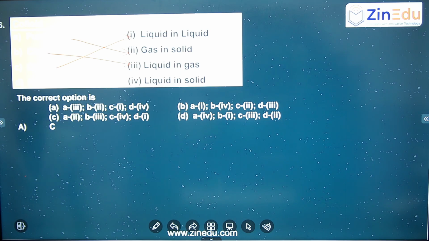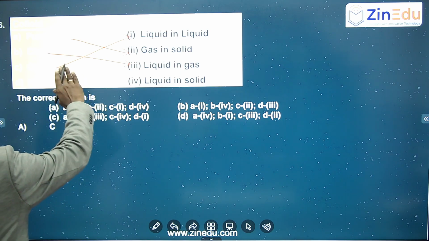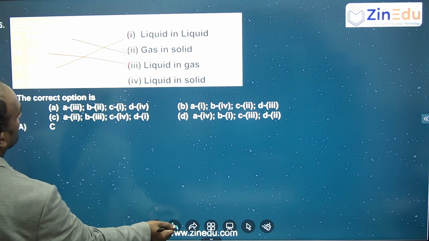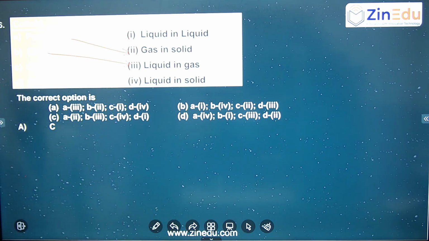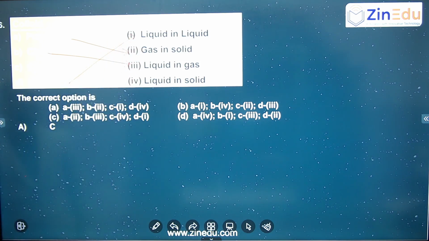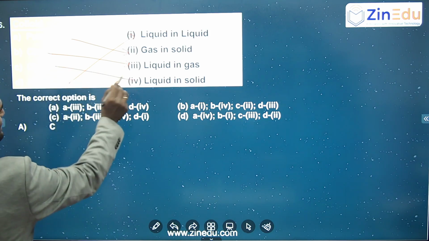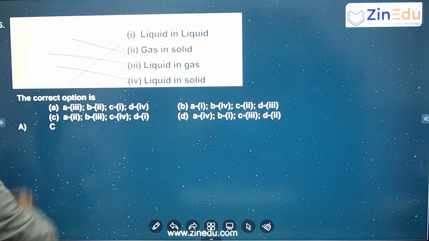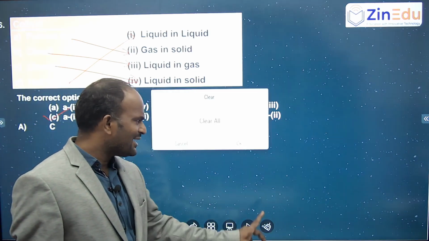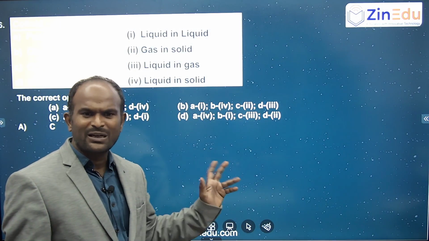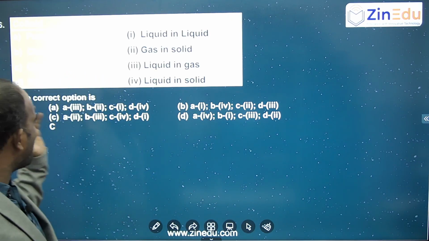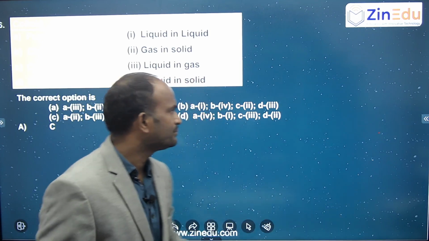Hair cream is liquid in liquid; we know that this is an emulsion. And cheese is going to be liquid in solid, right? So option C here. Maybe it is not visible clearly on the board, but those are pumice stone, cloud, cheese, as well as the hair cream.